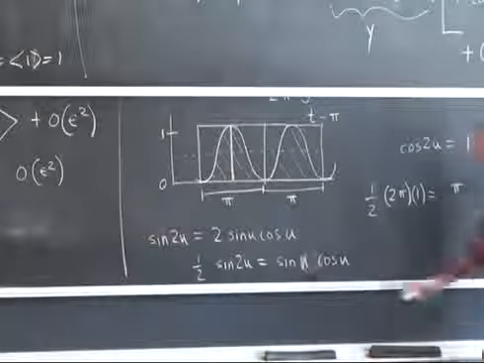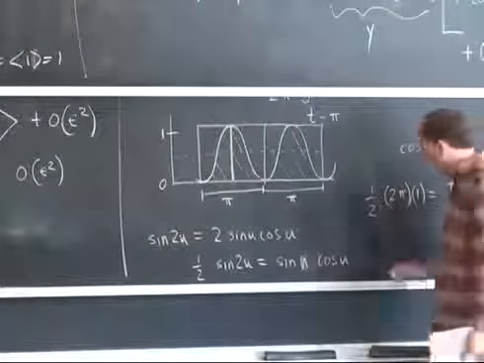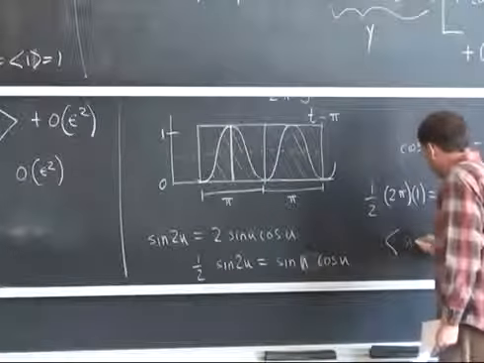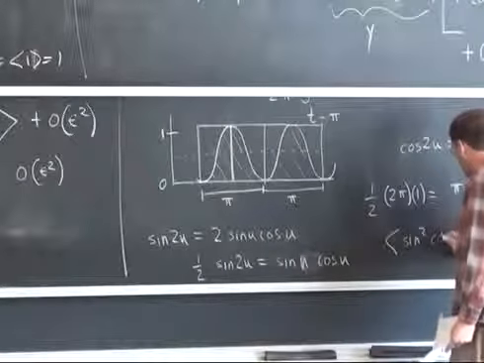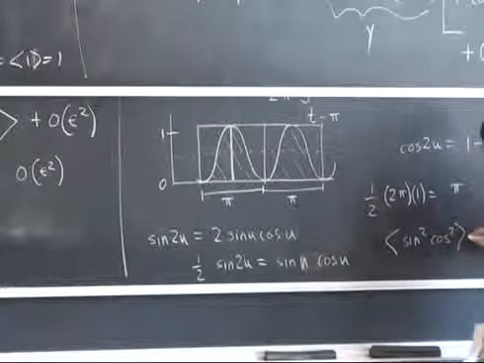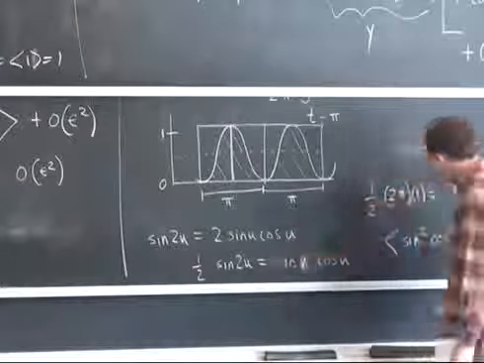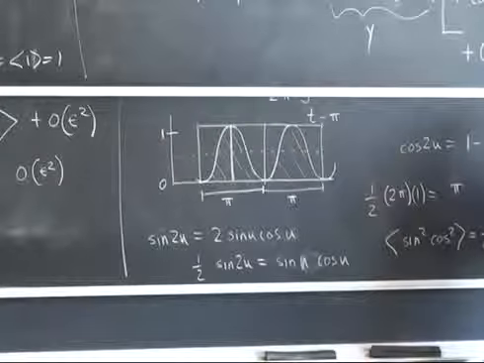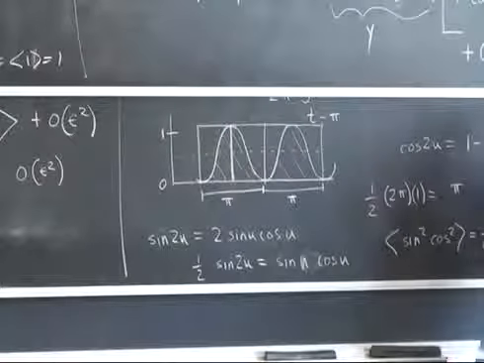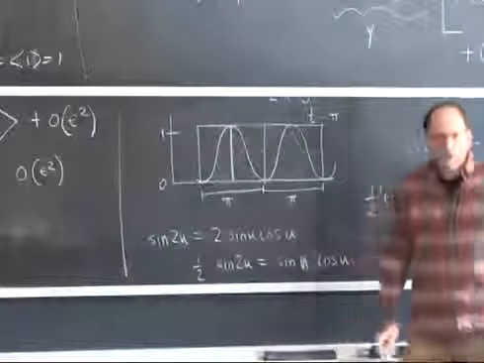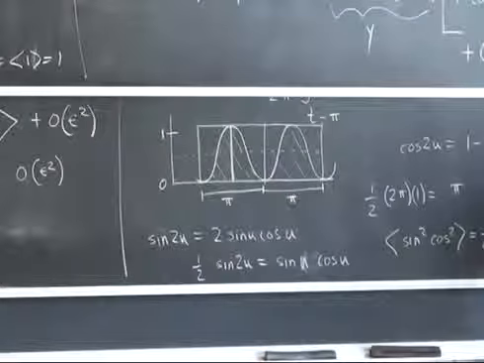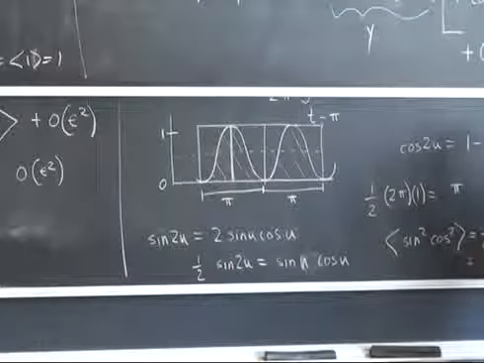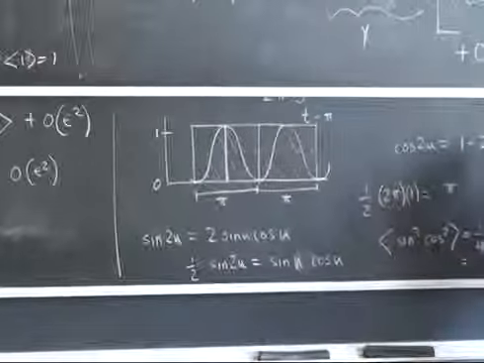So doing an average of this object squared, an average of sine squared cosine squared, if I square both sides, I'm getting 1/4 an average of sine squared of 2u. But it's still just an average of sine squared. So it's going to be 1/2, like we just argued, times 1/4. So we're going to get 1/8.